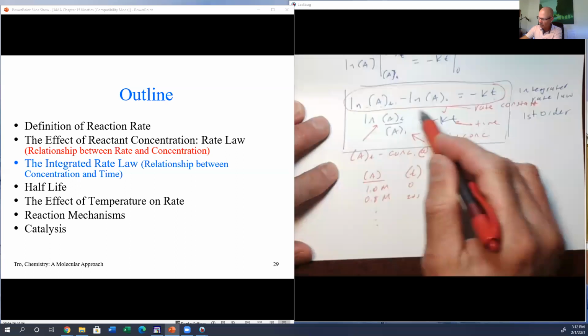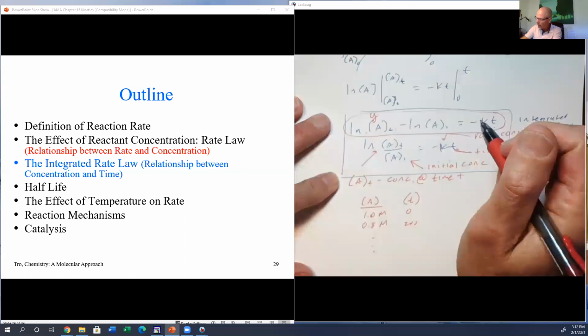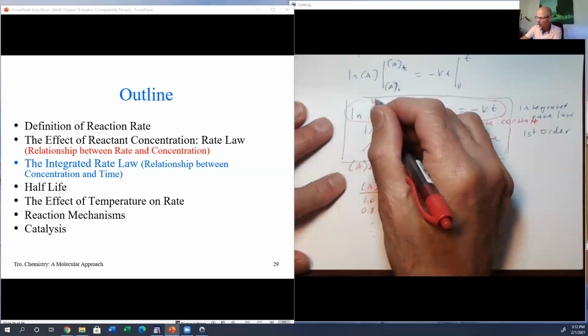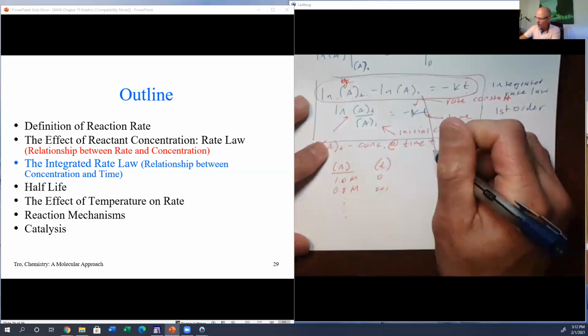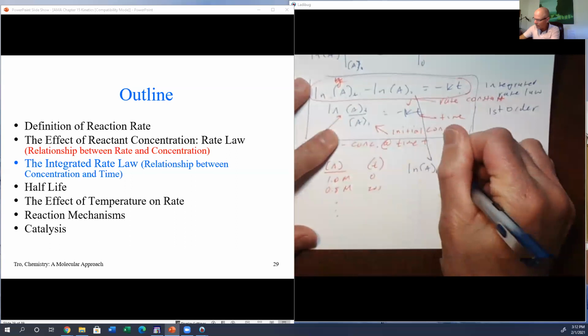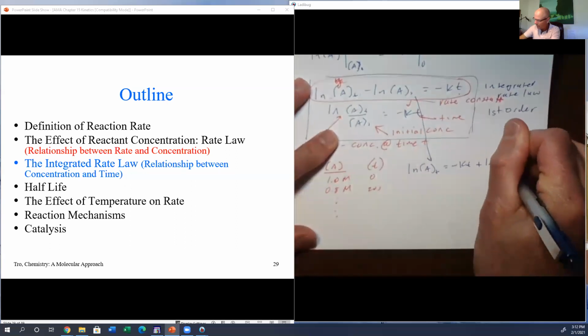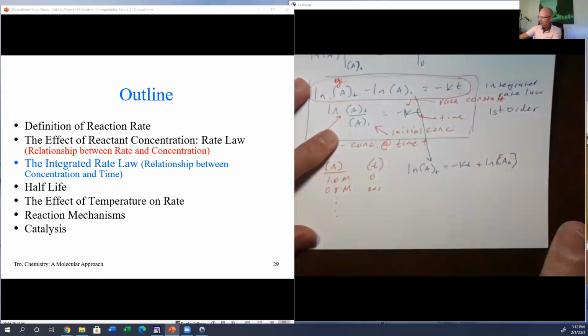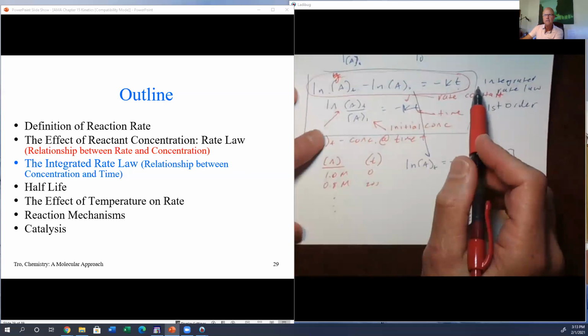Look at what this equation looks like if I write it out. I should rearrange this to make it a little bit more clear. Let me bring this down here and rearrange it just a little bit. Log of A of t is equal to minus kt plus log of A0. All I did was bring that log A to the other side.